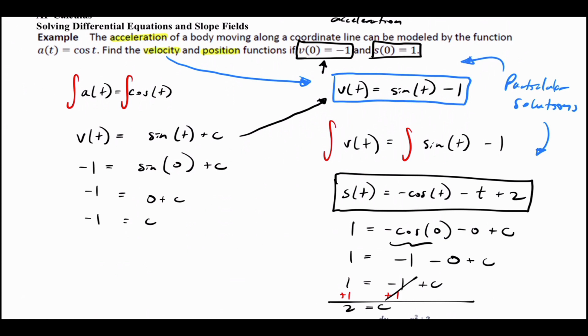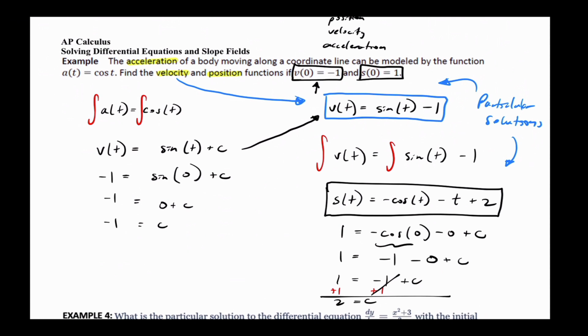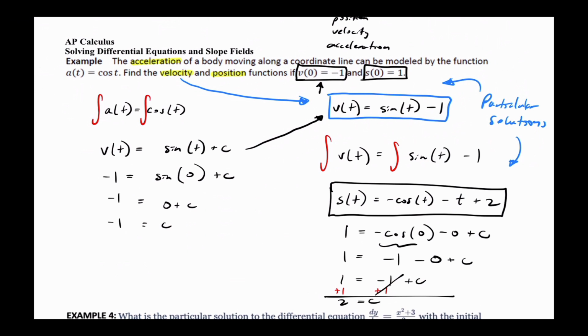Particular solutions. One is for velocity. One is for position. So that one we had to climb up two steps of the ladder.